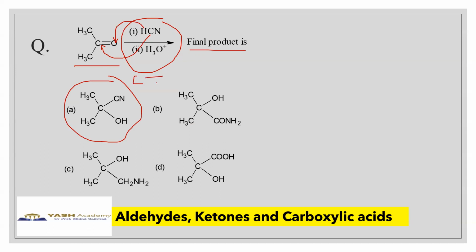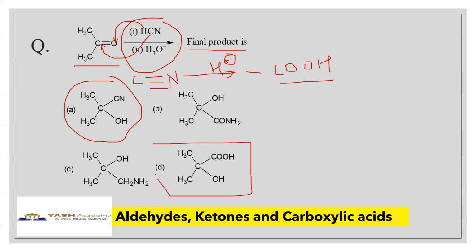So the C triple bond N group, on acid hydrolysis, this group is directly converted into a COOH group via formation of an amide. That means here a CONH2 group will be formed and then it is converted into COOH. So the final product of the reaction is D. This is the correct answer option.